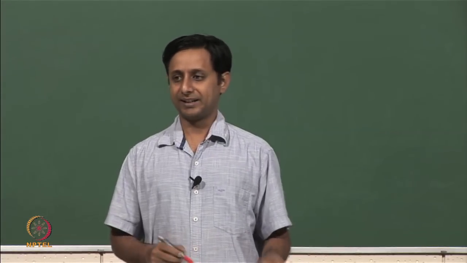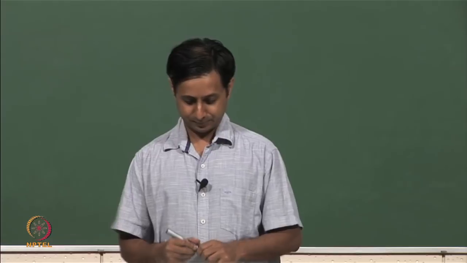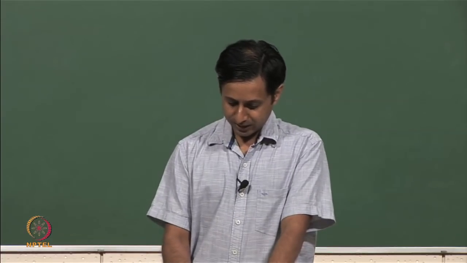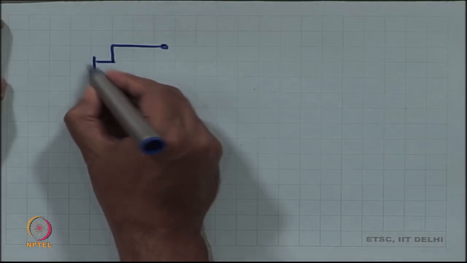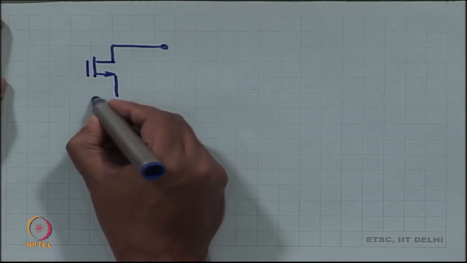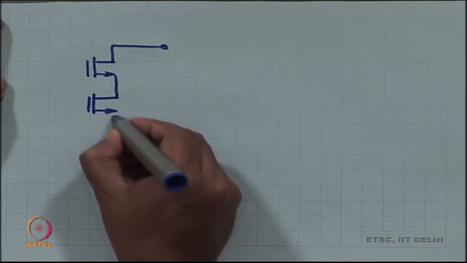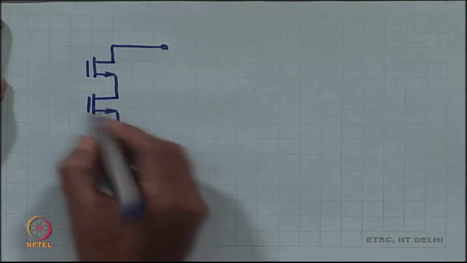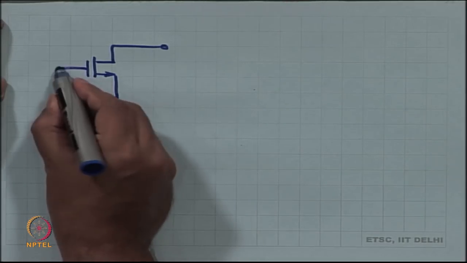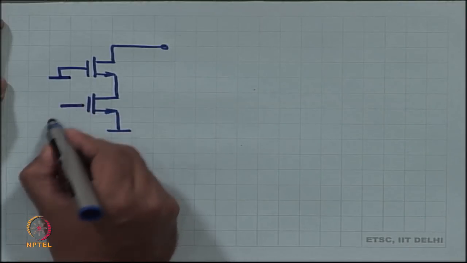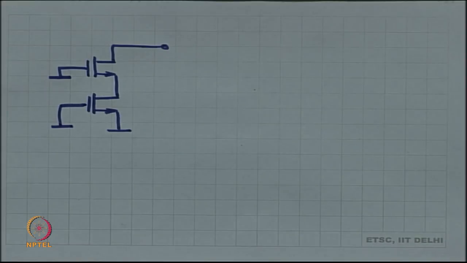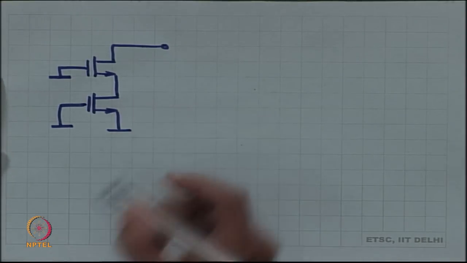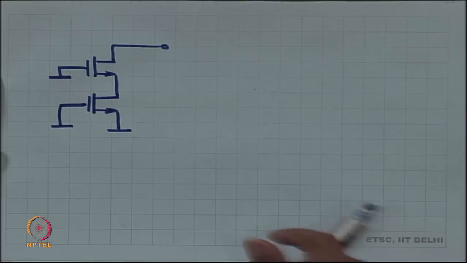Next we have to find the output impedance, and to do the output impedance I am going to connect the input to ground. Okay. And when I connect the input to ground, remember I had 3 capacitors.